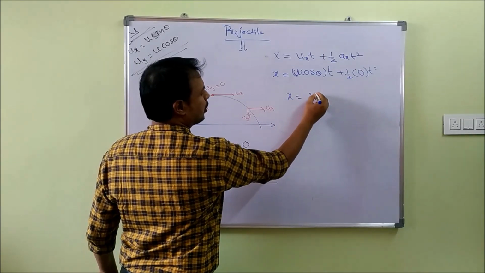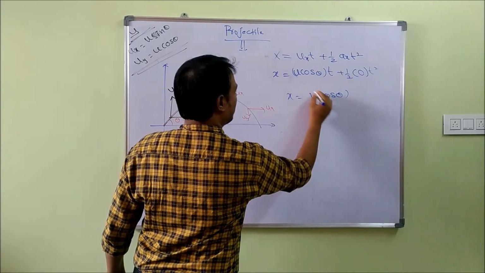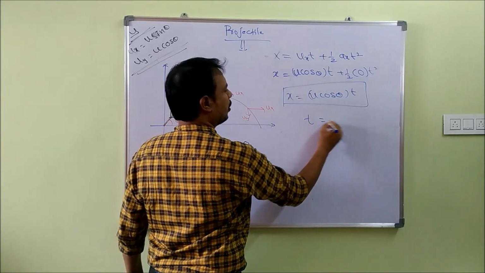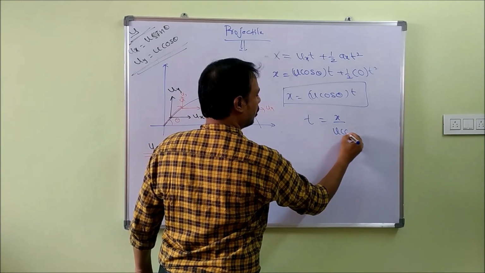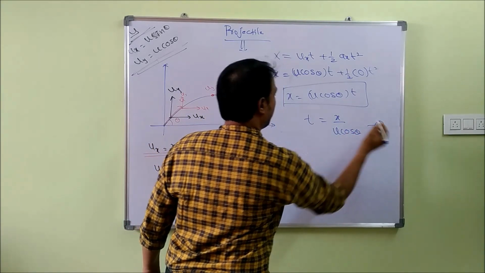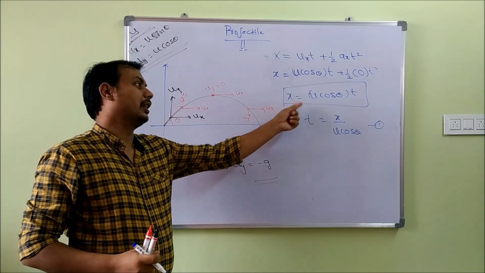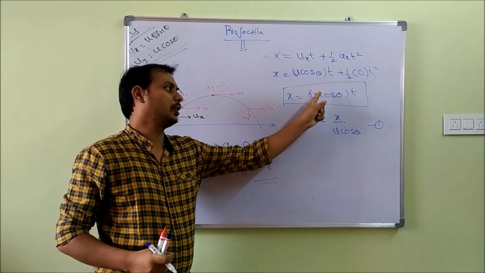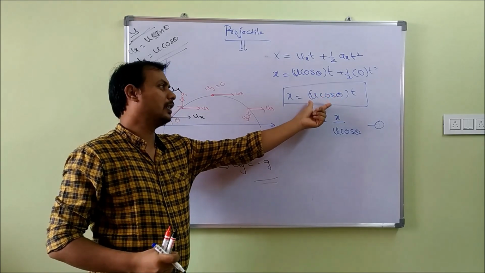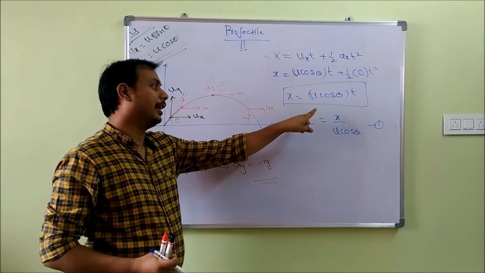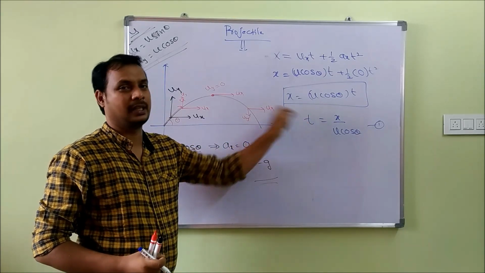So x equals u cos theta into t, or I am writing t equals x by u cos theta, as equation number 1. So the horizontal distance is ux, which is u cos theta, into time.